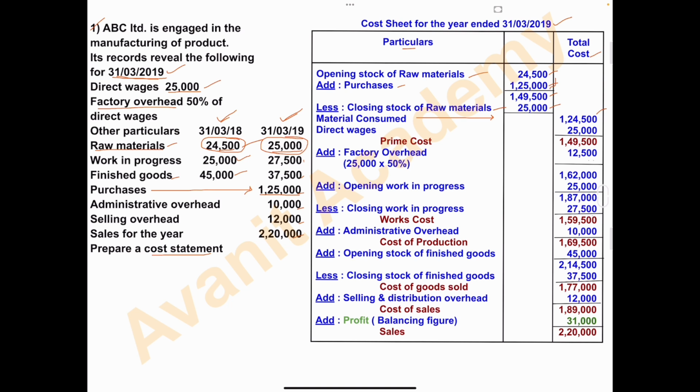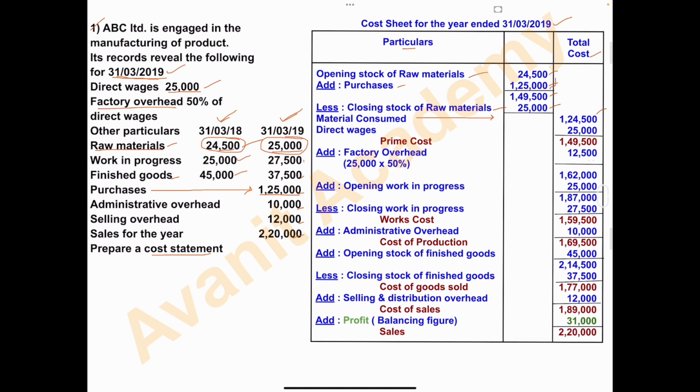First, what we have to take? Opening stock of raw material and purchases. In some problems, they'll give you certain expenses which are related to purchase of raw material, that is freight, octroi, carriage inward, etc. All these expenses we have to add. In this problem, we have got only purchases that we have taken here.